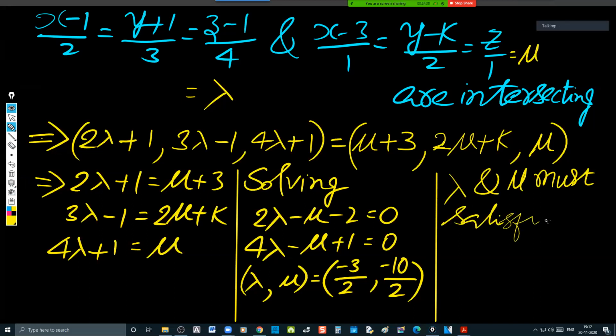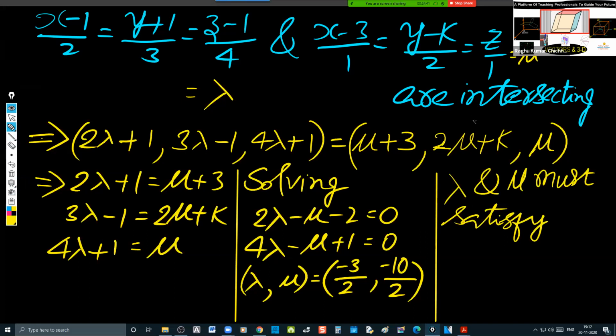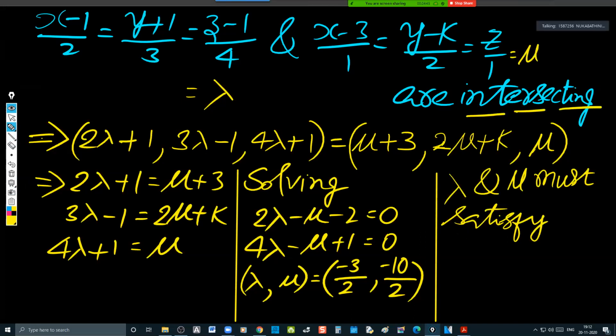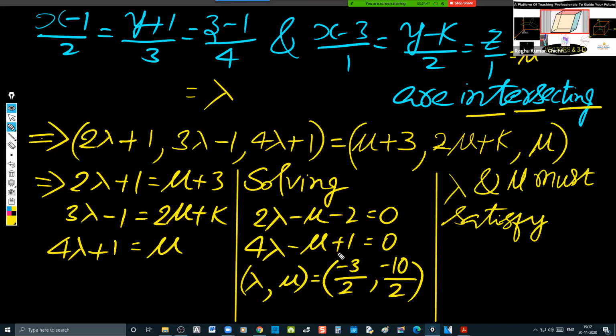Yes, sir. We need not prove it because he has given that they are intersecting with each other. Just for our comfort, substitute here 3 into minus 3 by 2.